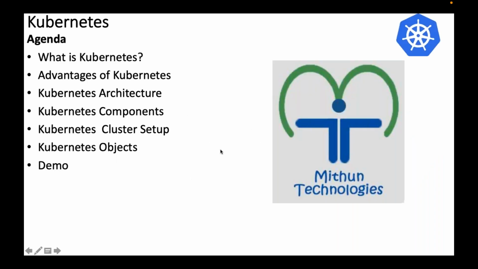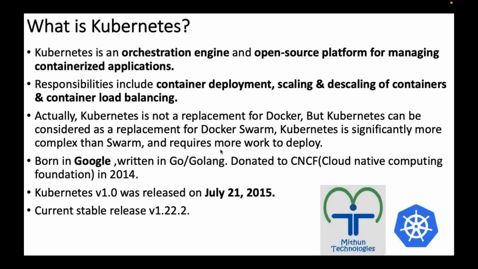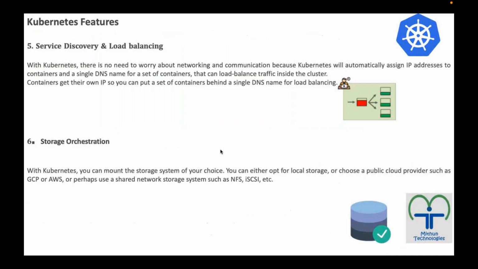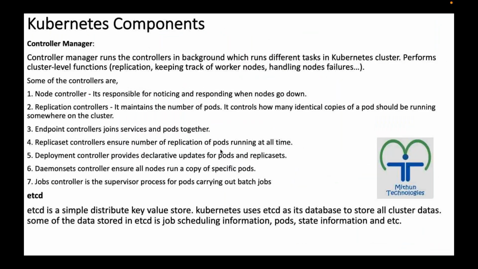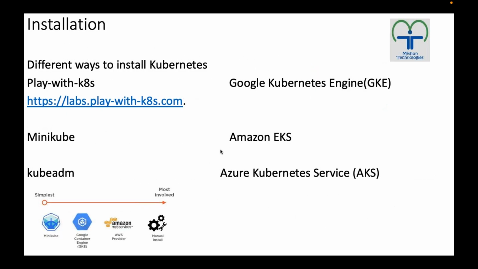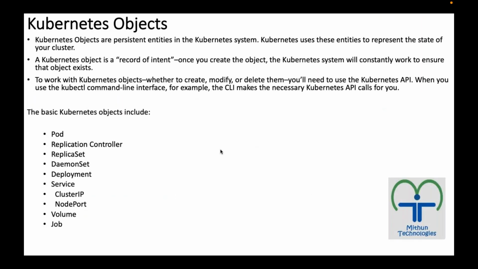So in the last two sessions, we discussed what Kubernetes is and its architecture, what the components in the master are, and what the components in the worker are. Now, we'll try to understand the Kubernetes components, how we can deploy applications in Kubernetes.